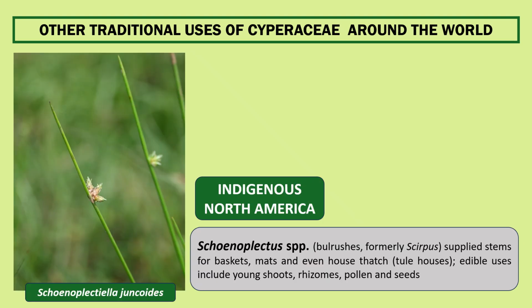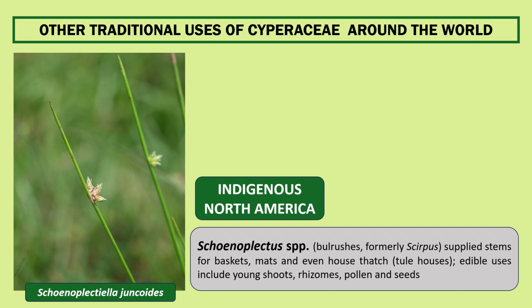Here, Schoenoplectus species in many places in North America, you will find these species being used for various purposes like house thatching, or they will eat the shoot parts or rhizome parts. So many of the species from the genus Schoenoplectus are being used.